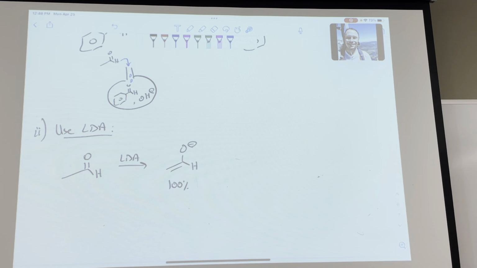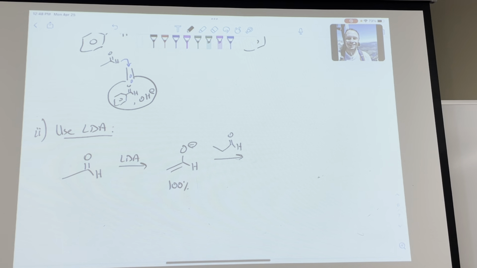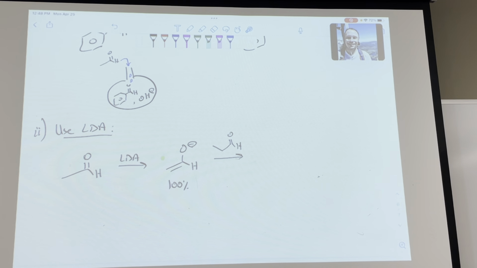Then you would slowly add in your electrophile. And at that point, this reaction can occur in only one way because you have a bunch of nucleophile and then you're adding in a bunch of electrophile.